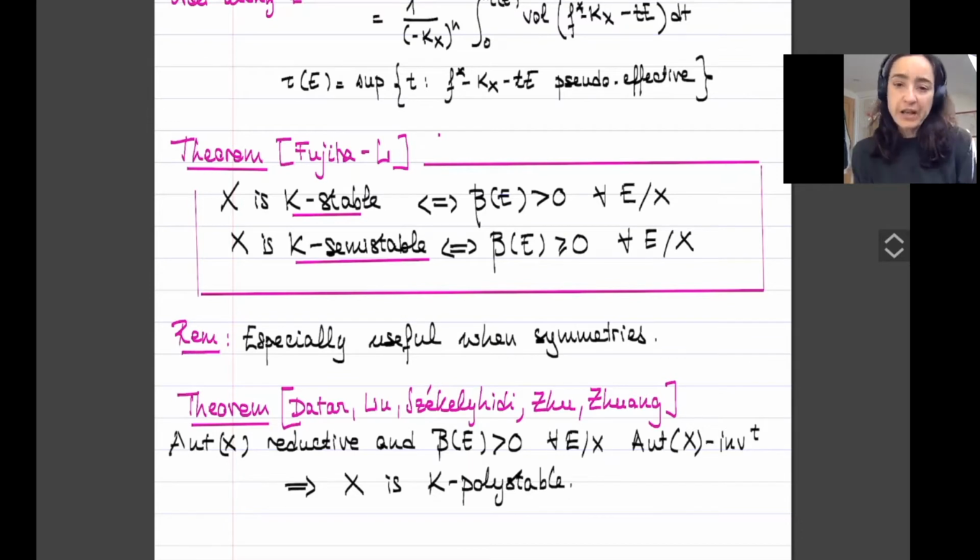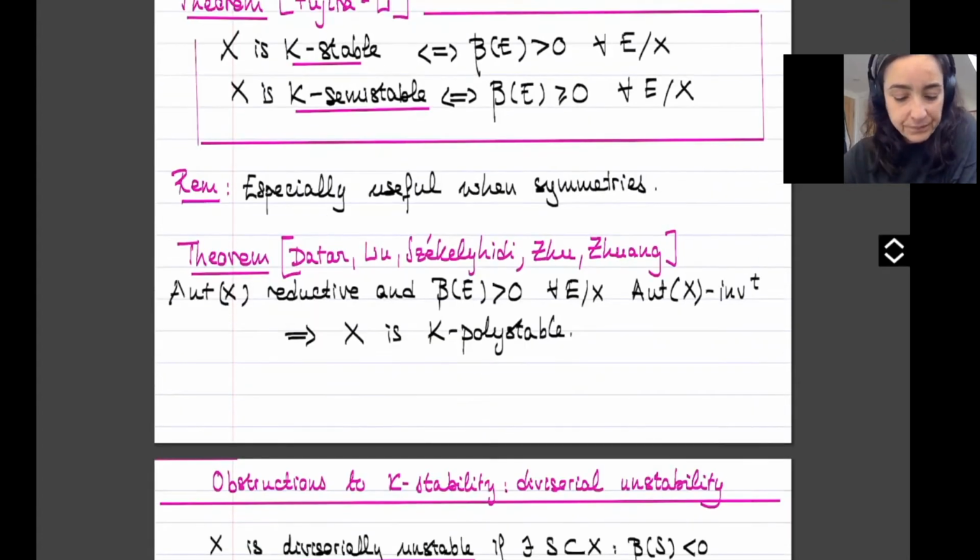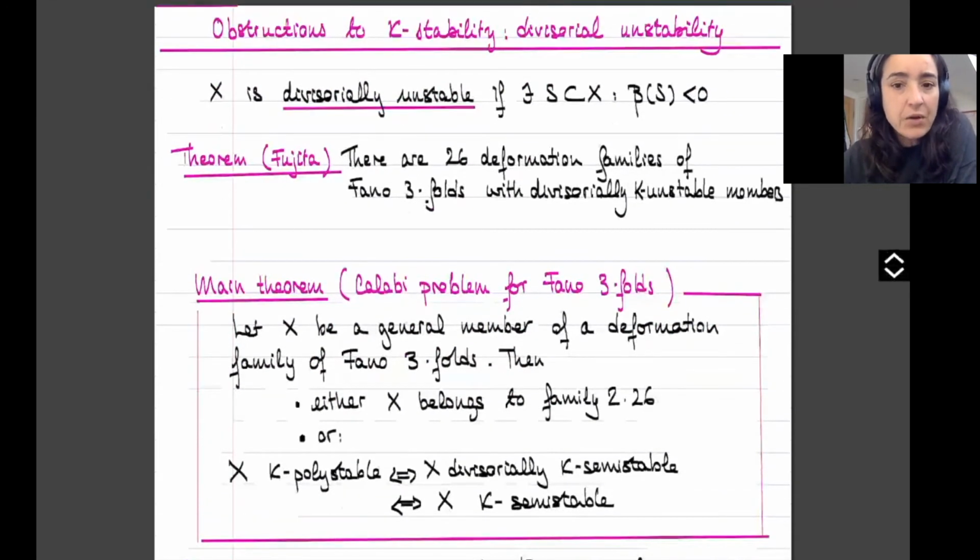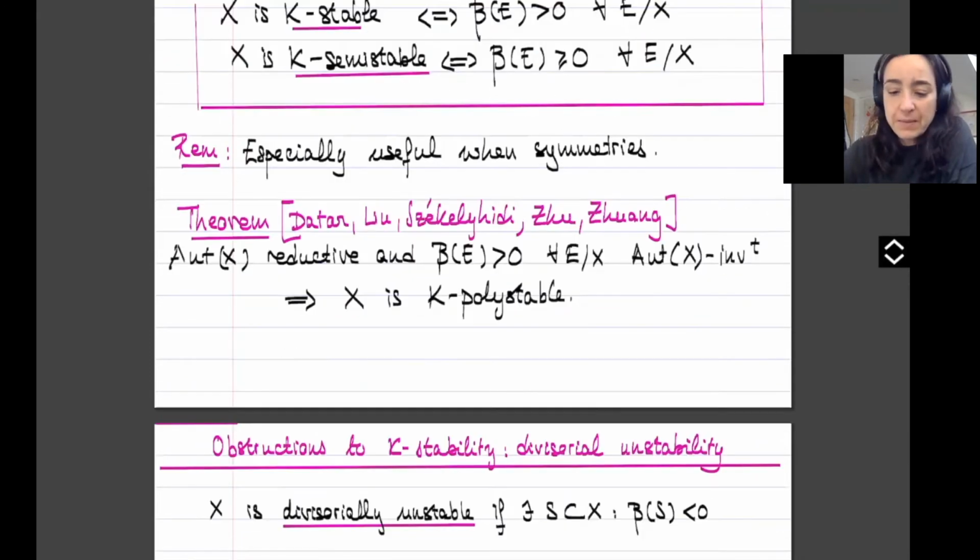So if you want to check K-polystability or prove that something is not K-polystable, then you have to focus on those valuations or those divisors over X which are invariant under the automorphism group. So the larger the automorphism group, and some Fano threefolds have very large automorphism groups, the easier the question is to answer. Okay, so let me go to, you know, in terms of these beta invariants.